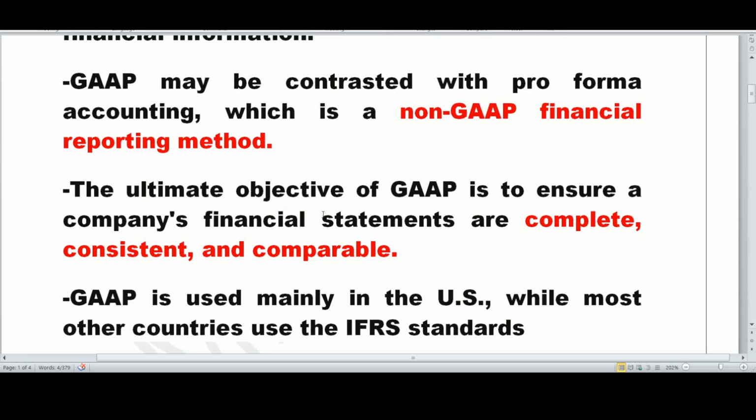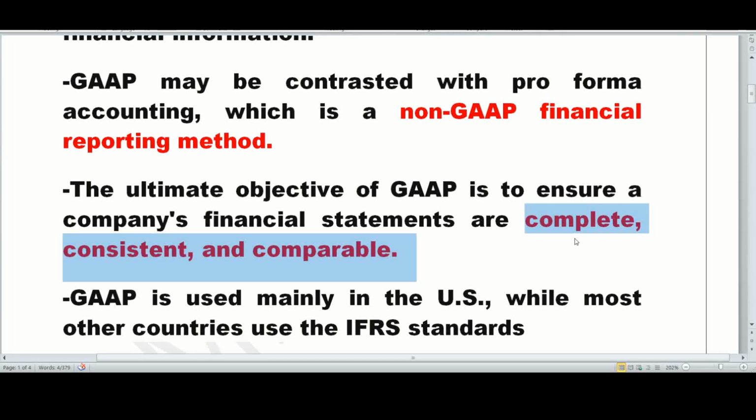The ultimate objective of the GAAP is to ensure the company's financial statements are complete, consistent and comparable. There should not be any incompleteness.